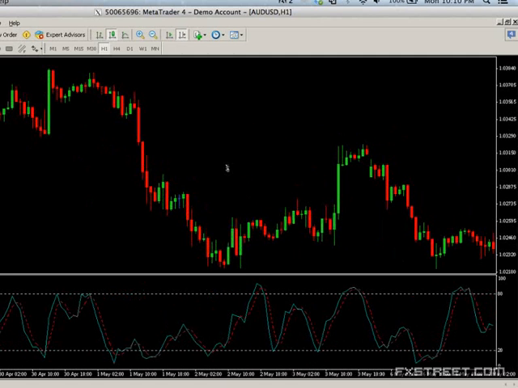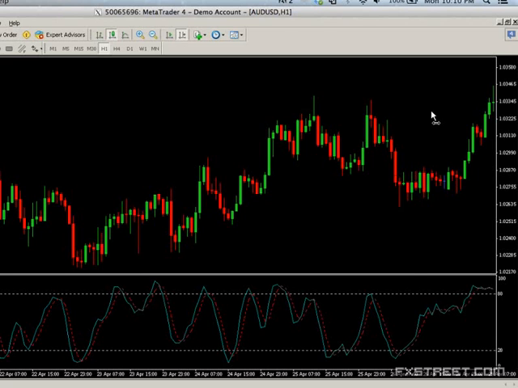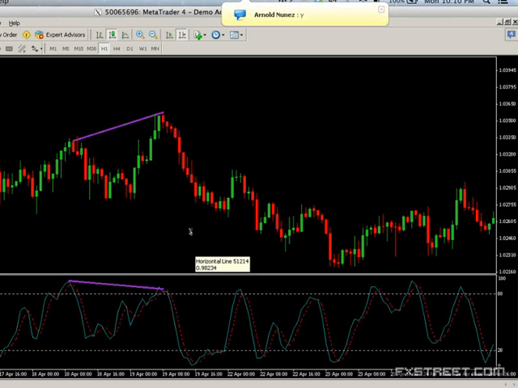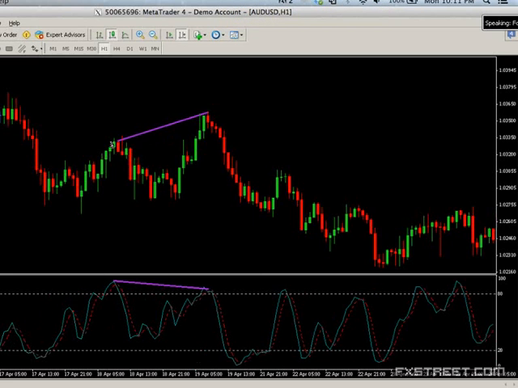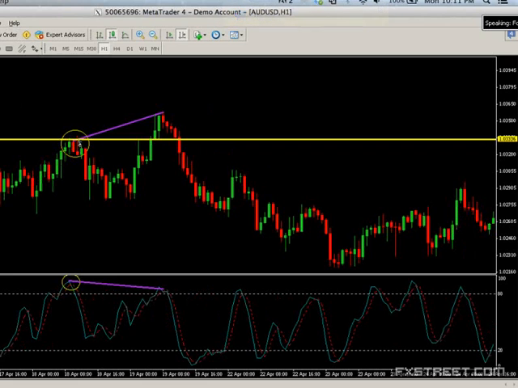Okay, so for the sake of an example, let me show you another area. All right, would you guys consider this as an opposite? Okay, yes. So if this is the high you're connecting from, and this is the high you're connecting from, draw a horizontal line.